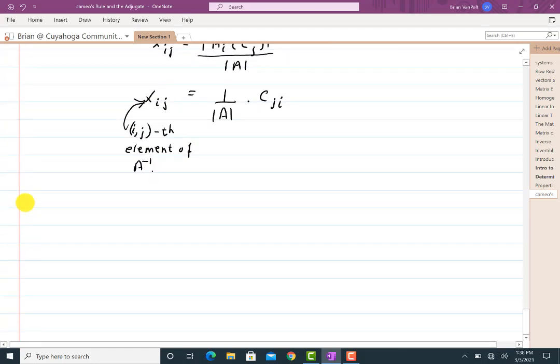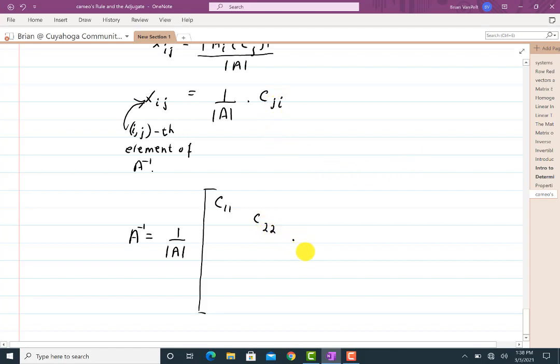So what do we get then? My inverse, I have a formula now for it. First, we'll pull out 1 over the determinant of A, and then let's go ahead and write the matrix. So we would have C11. In fact, here I'm looking at these things. The I, J and the C's, flip them.